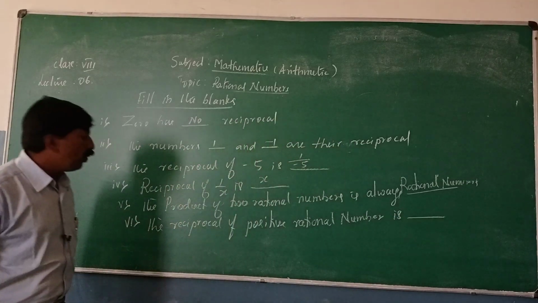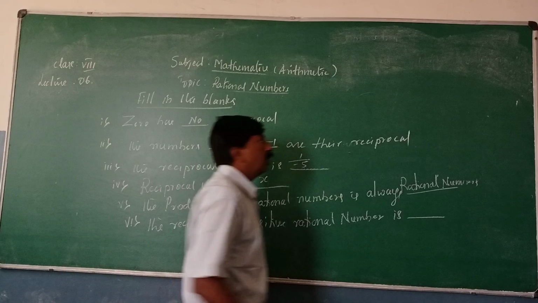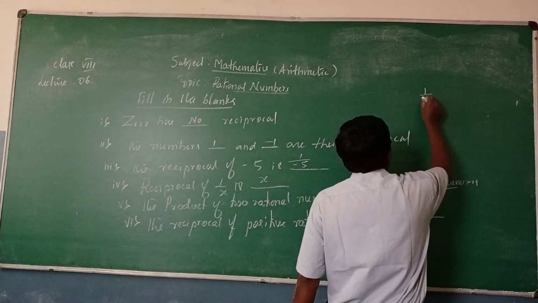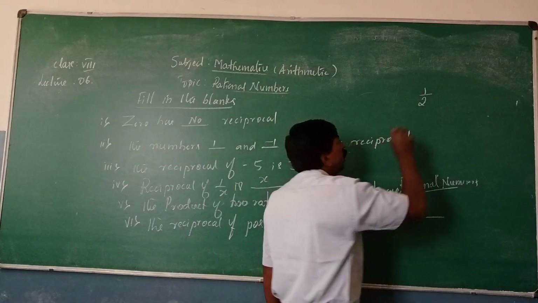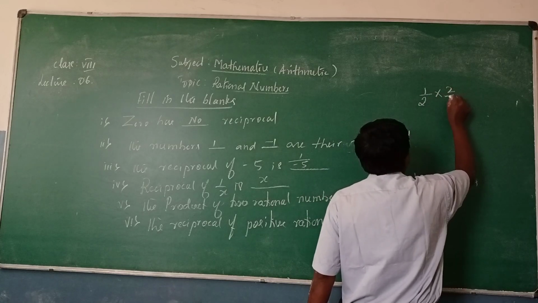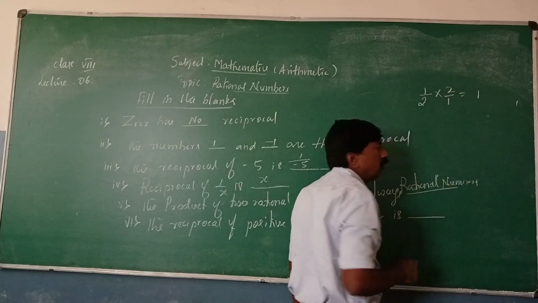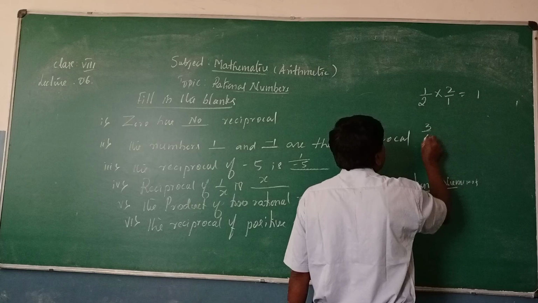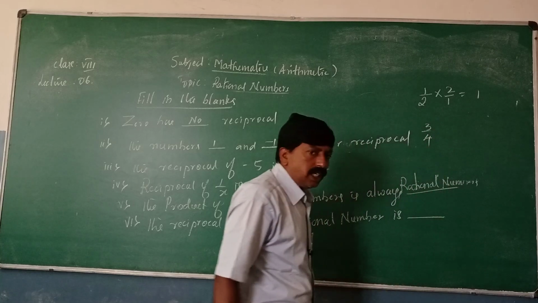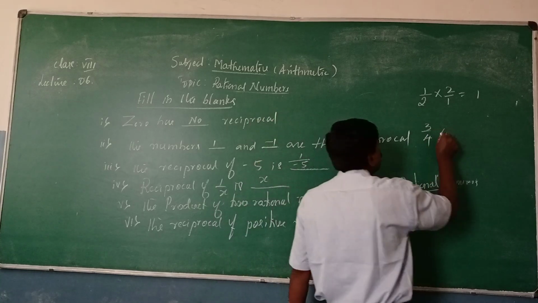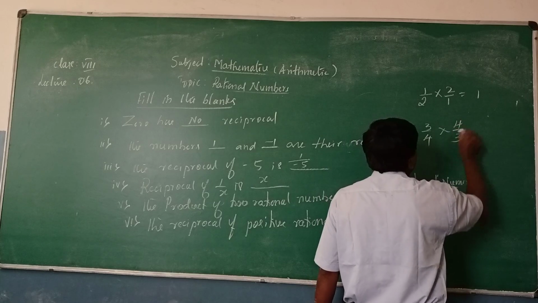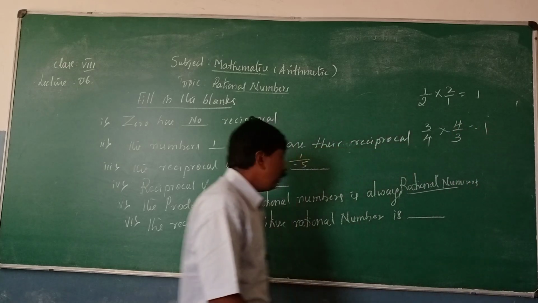Now 1 by 2 is a positive rational number. Its reciprocal is 2 by 1, which is 2. So 3 by 4 is a positive rational number. Its reciprocal is 4 by 3. What is your opinion?